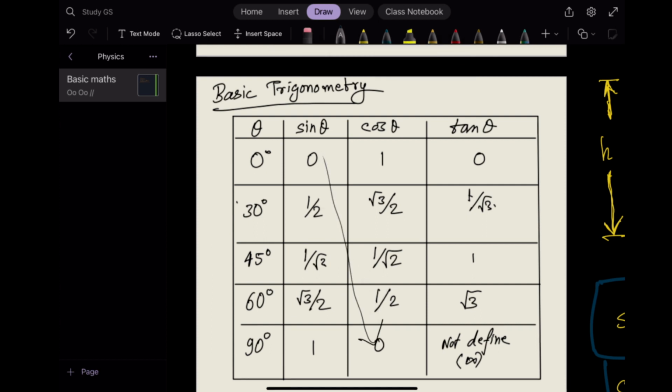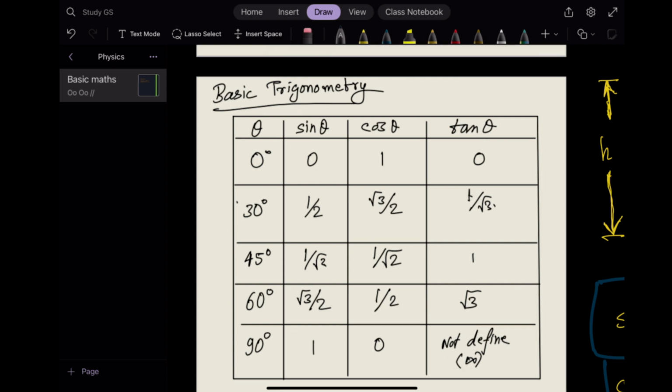And in case of tan theta, tan 0 degree is 0, tan 30 degree is 1 by root 3, tan 45 degree is 1, tan 60 degree is root 3, and tan 90 degree is not defined. Simple.